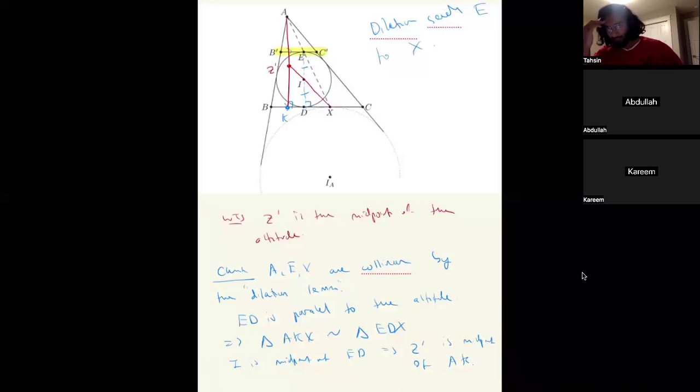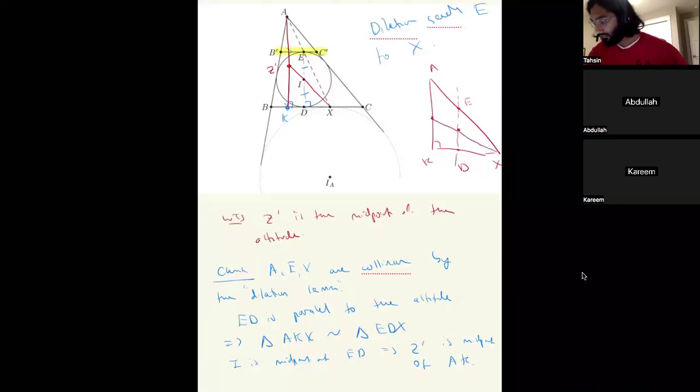I see. Okay. So let's isolate the picture a little bit. What is this picture here? I have AKX, some kind of right triangle, and then I have this ED, which is a parallel line to AK. So now if I have this thing where this is a midpoint, then this is also going to be a midpoint.